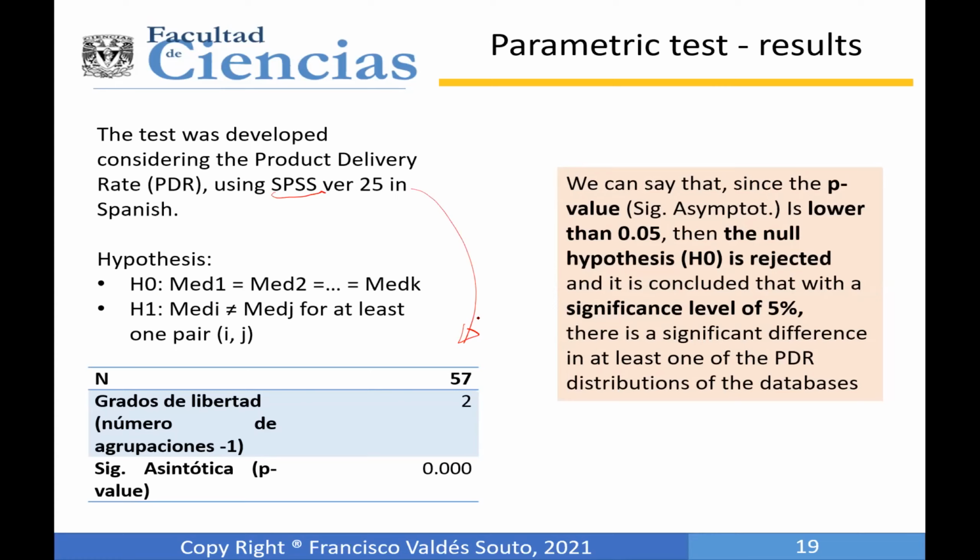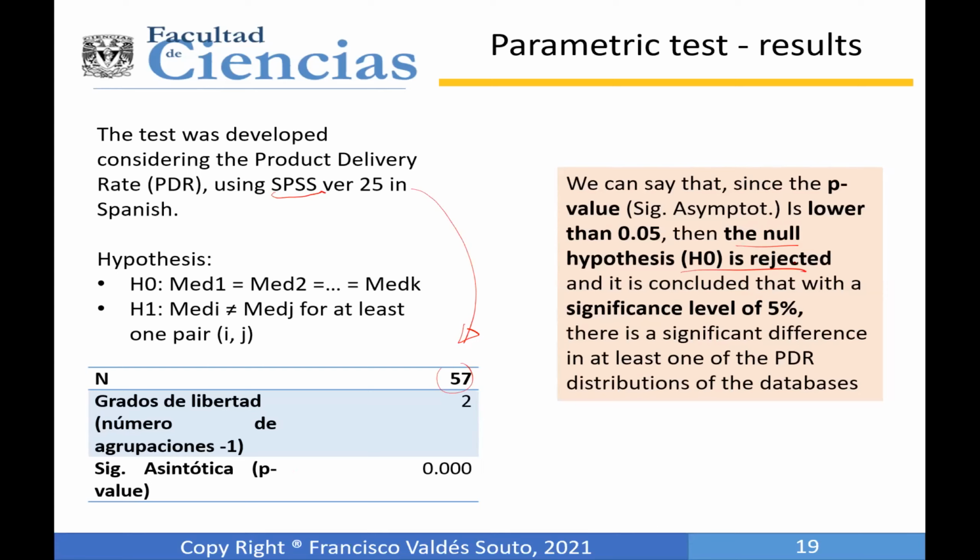Degrees of freedom 2, because we are using 3 databases. The number of projects is 57, and we could see a very, very low p-value. So considering this, the null hypothesis is rejected.